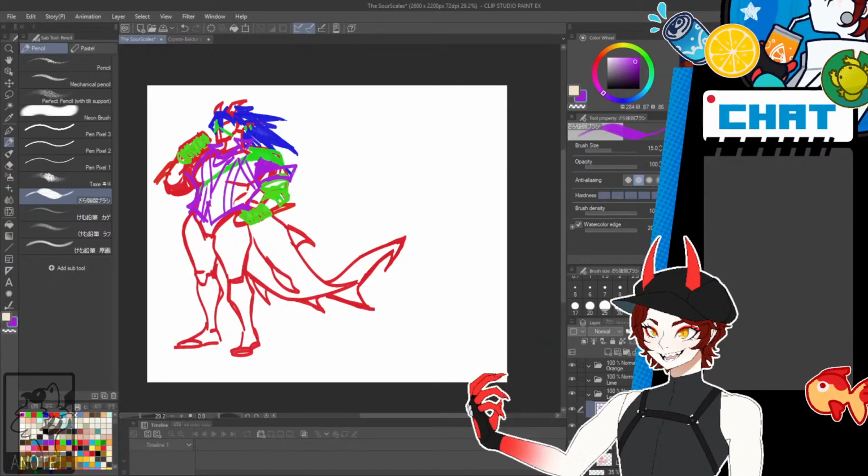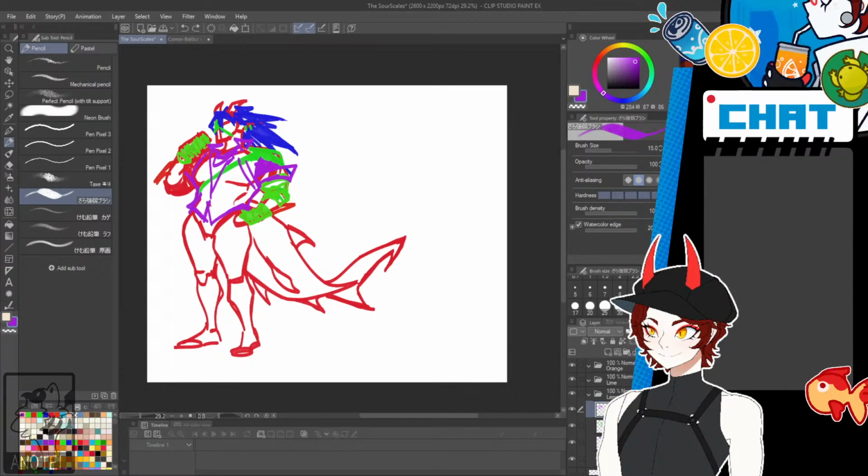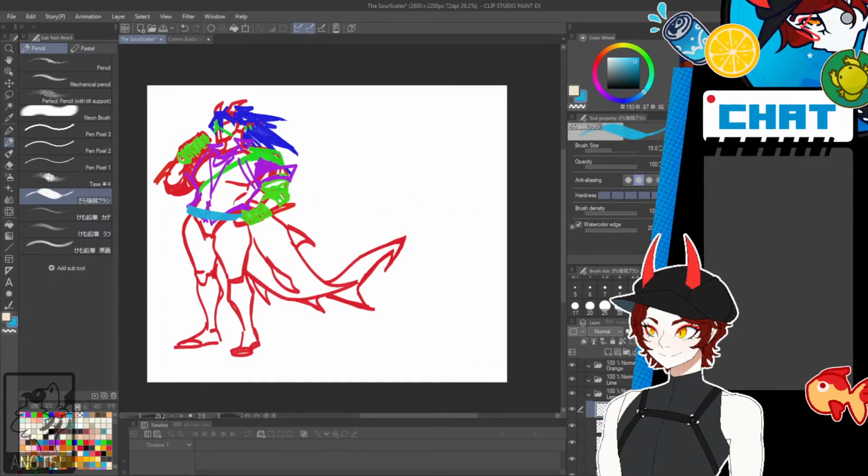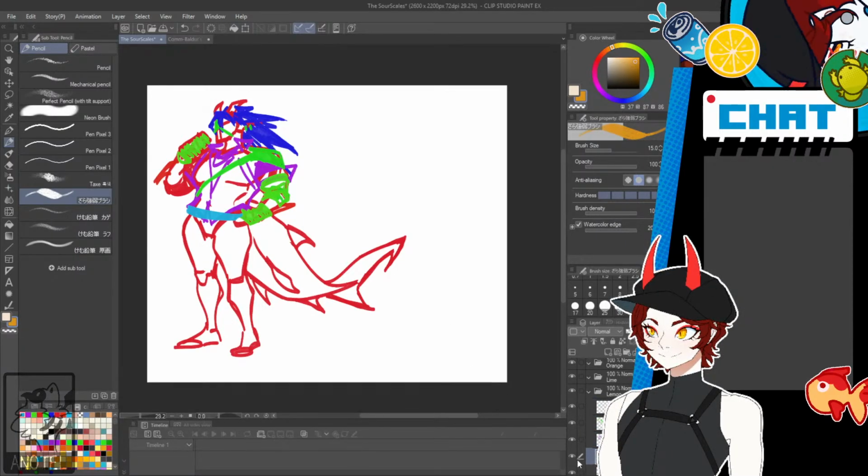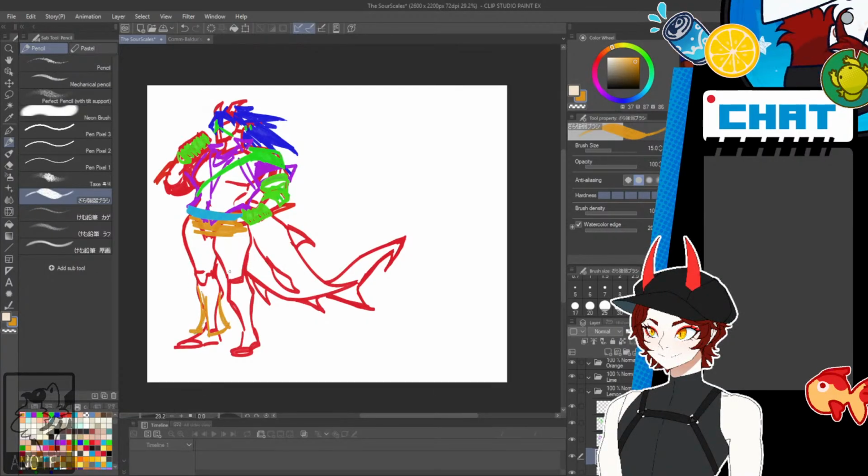This is the vibe check. This is why we are layering. I'm liking the idea of having a fan out a little on the edges.